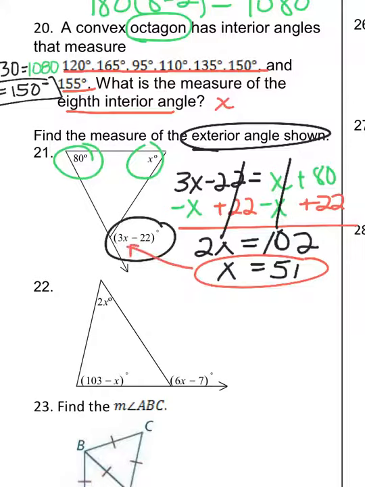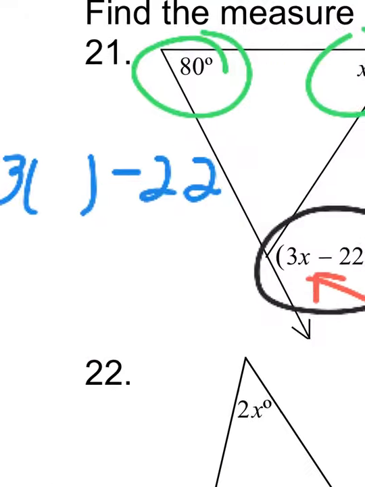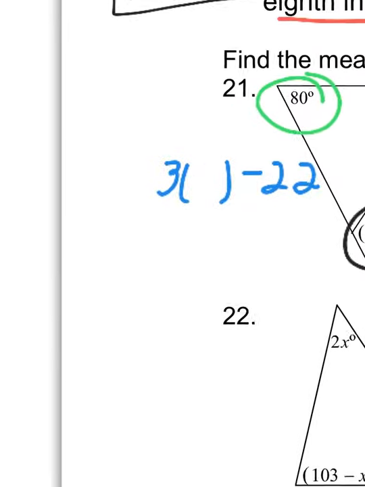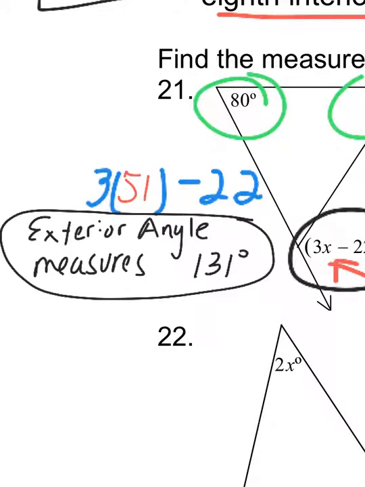That's going to give us 3 times 51 minus 22, and we find out that the exterior angle measures 131.